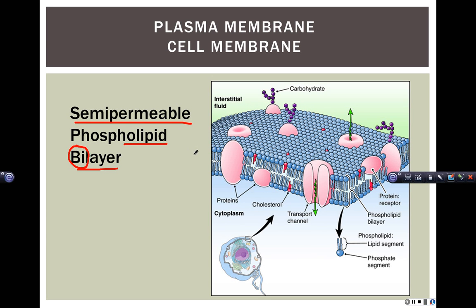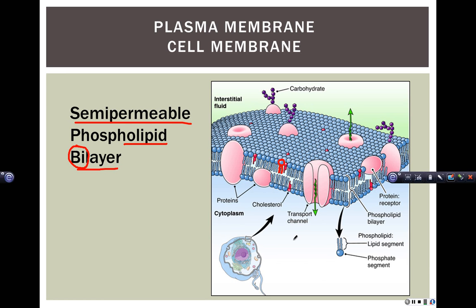But looking at this diagram here, the little circles are the phosphate segment, like a ball, and then there are two little legs or antennas on the ball, and that's the lipid segment.